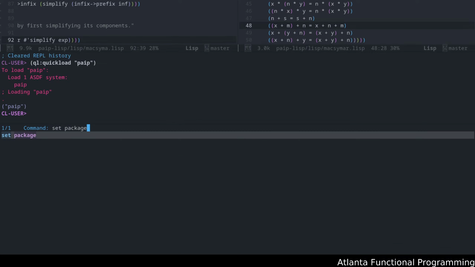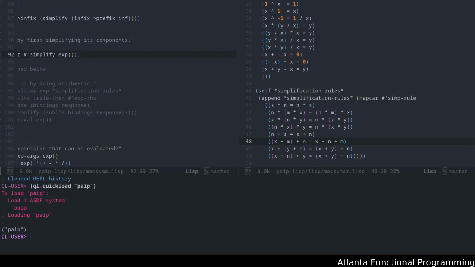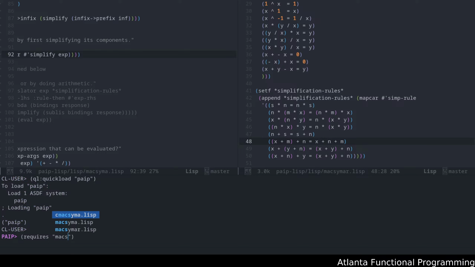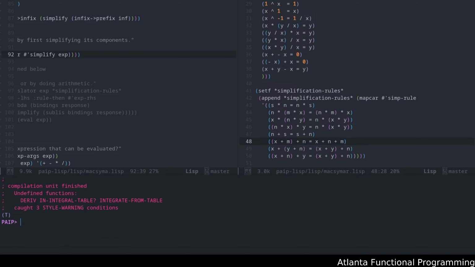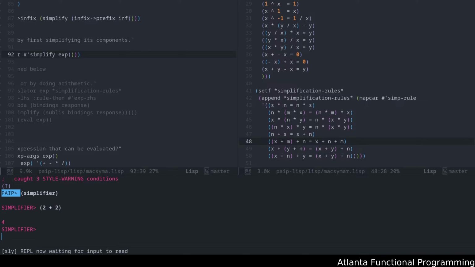Set package to PAIP. Then we need to require Macsyma. Okay, the simplifier. Okay, 2 plus 2 plus 2, 5 times 20 plus 3 plus 7.